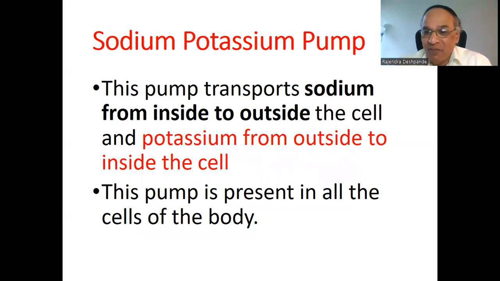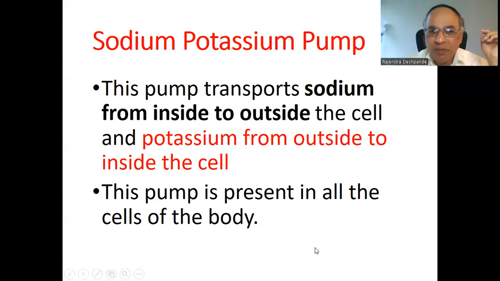Those students appearing for the first year BAMS final examination in MUHS Nashik, Maharashtra State should remember that NCISM, the new governing body of the education system of Ayurveda, has started this new system of syllabus. They said that not only SAQ and LAQ, but you will also attend MCQ, multiple choice questions. So all the definitions, all the numbers, and all these small terminologies you should remember for MCQ purposes. Sodium is going from inside to outside, and potassium is coming from outside to inside.